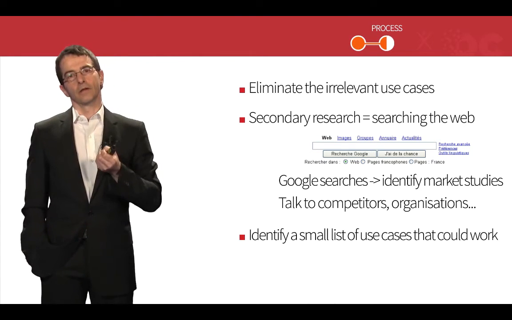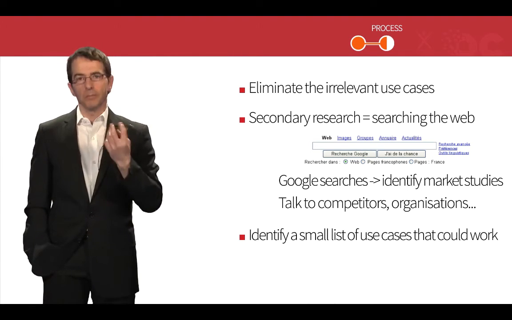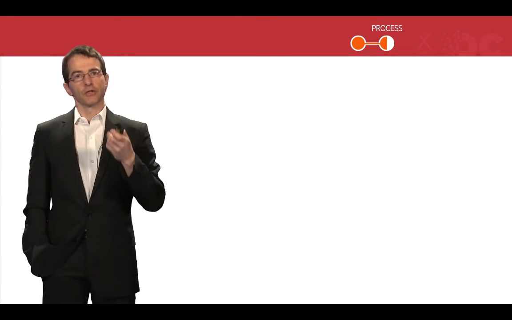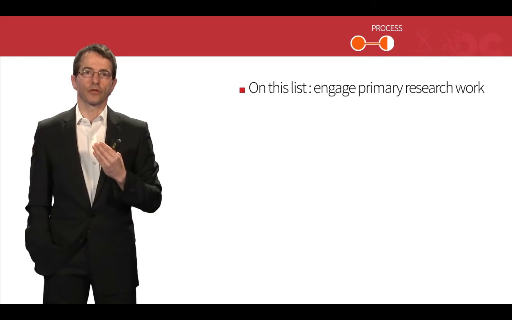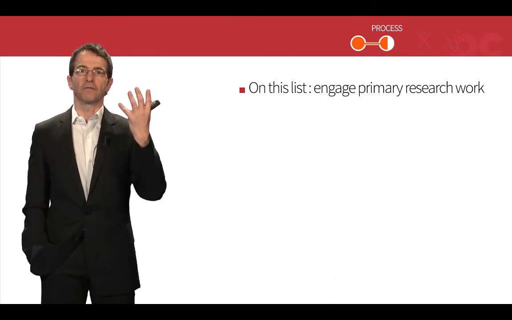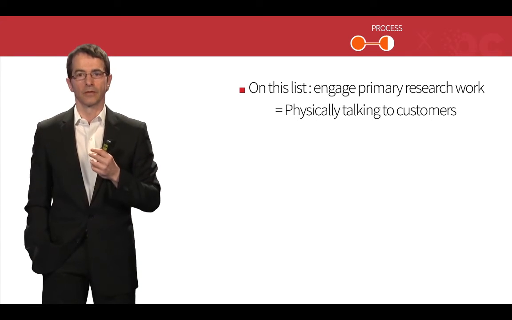And on this list of use cases that could work, where it makes sense, we recommend you engage in primary research work. Primary research is very simple. It means getting out of the building and physically talking to customers.